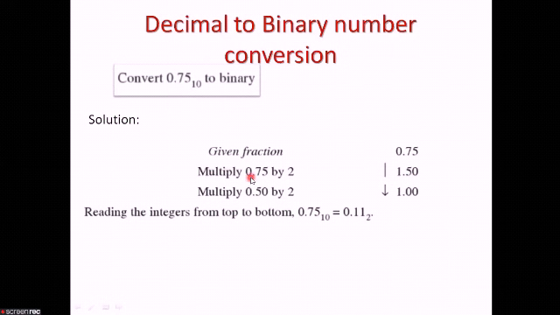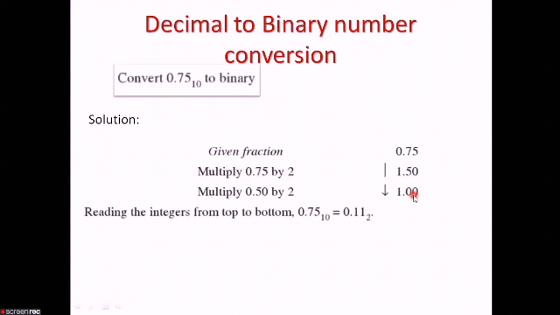We multiply 0.75 by 2. The answer is 1.50. So we will keep 1 as intact and we will multiply the new fraction, that is 0.50, by 2. What is the answer? 1.00.